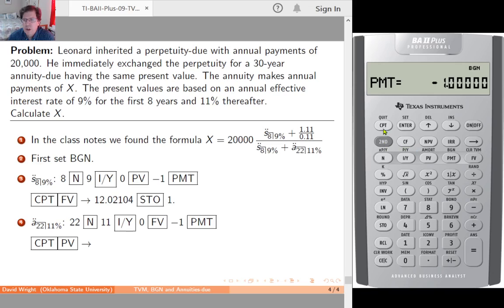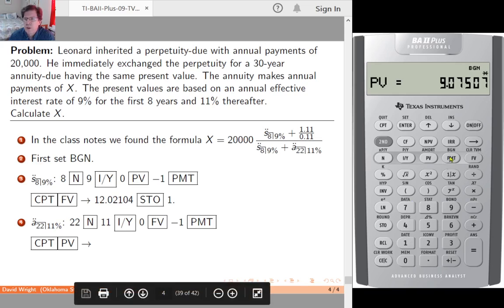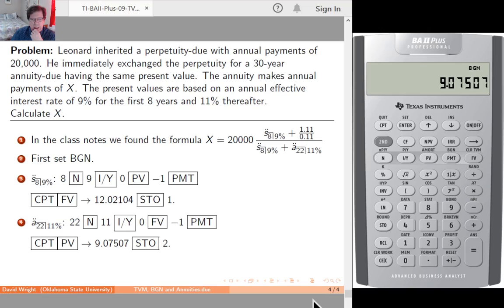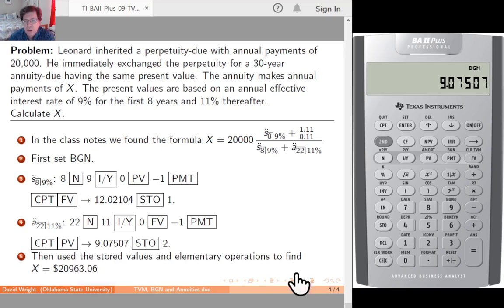So all I have to do is hit compute present value. And there it is, 9.07507, and I'm going to store that in memory location 2. All right, so you should have both annuities now in the memory locations. And the rest of this is just to use algebra.